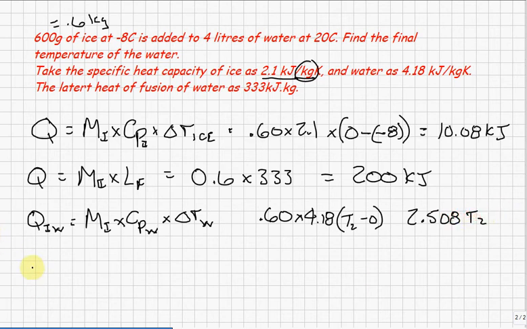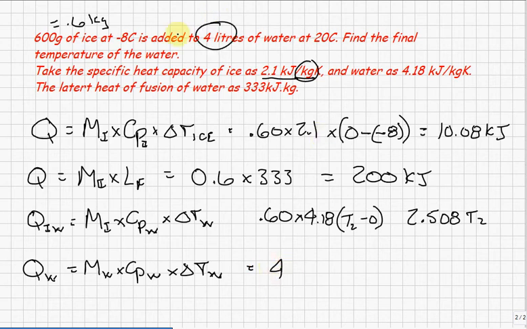And lastly, I'm going to have the Q of the water that started out in the glass, the warm water. That's going to be the mass of the water times the specific heat capacity of the water times the delta T of the water, and that's going to be 4 kilograms because 4 liters of water is equal to 4 kilograms.